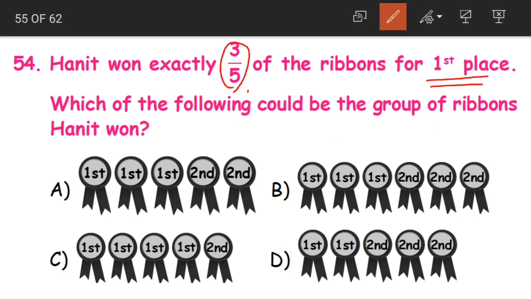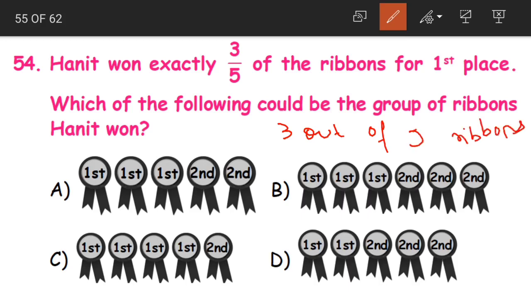Out of the total ribbons, he has 3 by 5 ribbons that he won for first place. That means, what does 3 by 5 mean? 3 out of 5 ribbons are for the first place.